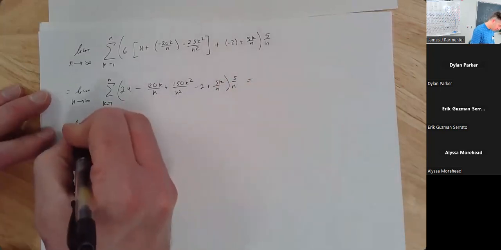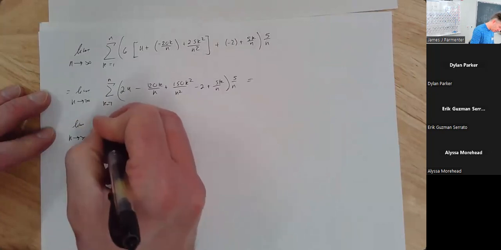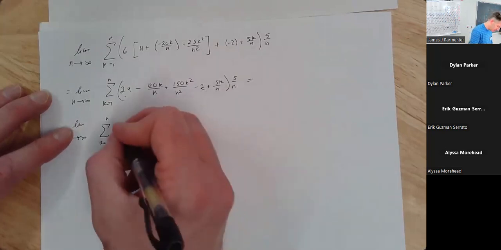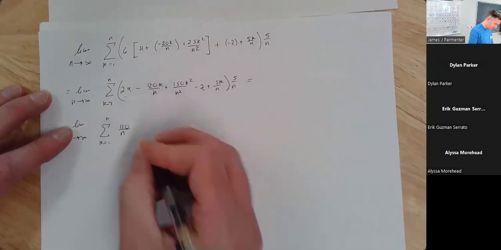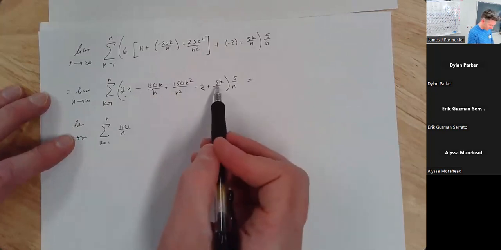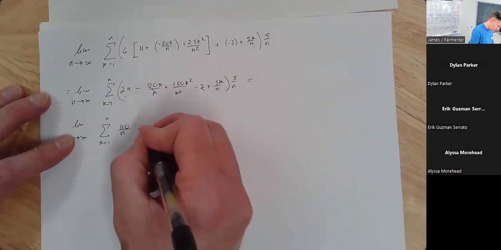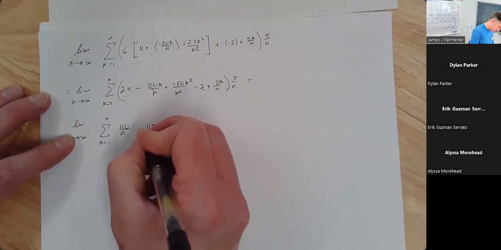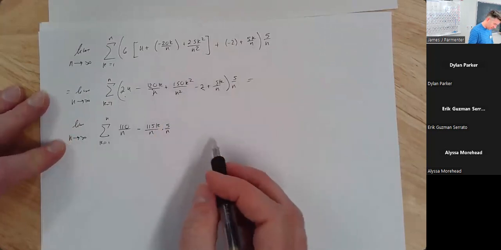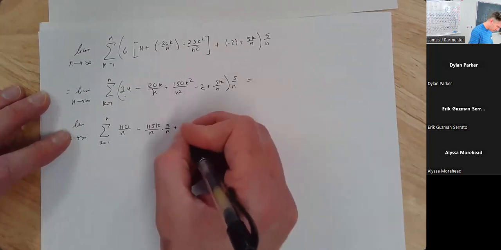Keep going. 24 minus 2 is 22, and 22 times 5 is 110 over n. I've got a minus 120k over n and a plus 5k over n, so that's a minus 115k over n, times that 5 over n, which I'm not going to do in my head. And then finally, we've got the 150k squared over n squared times 5 over n.